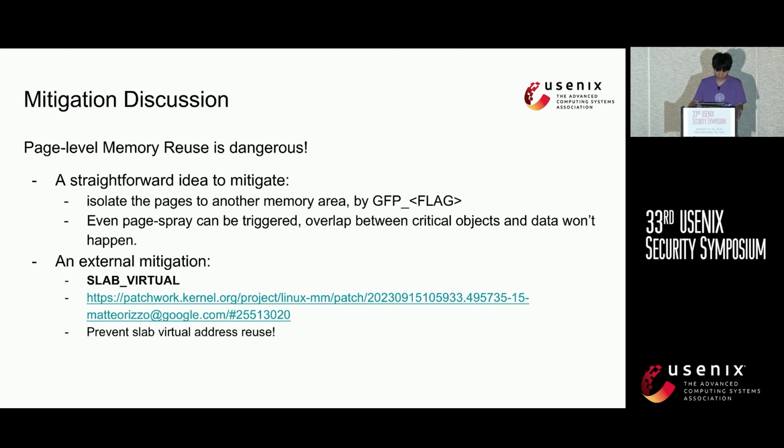A straightforward mitigation could be to use a different memory area to isolate the page allocation related to the page spray call sites. Like we can simply use a different get free pages flag or something like that. In that situation, even if the page spray can be triggered, overlap between critical objects and data won't happen.